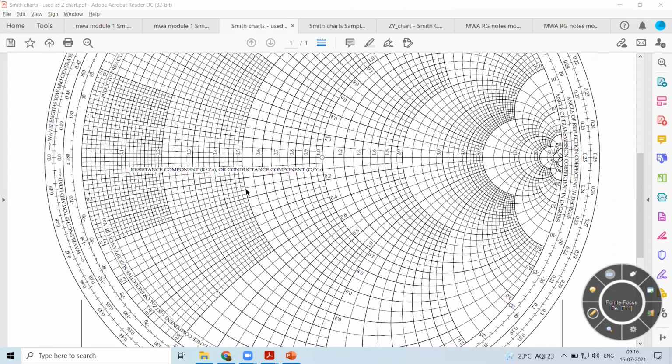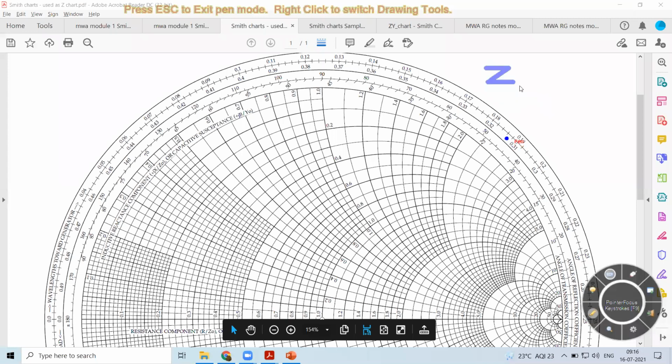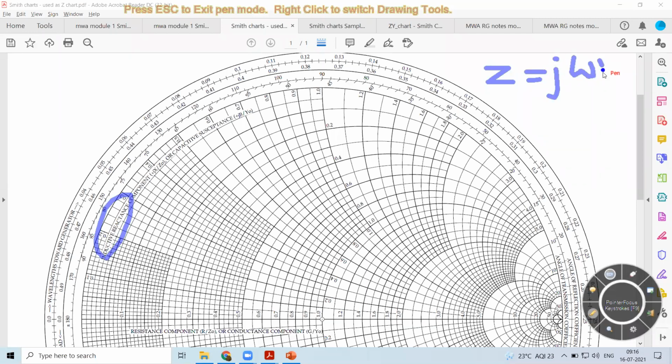When you're considering Z, that is impedance, and you consider the inductance part, since this is a Z chart, we write it as j omega L. The omega L parameter will be positive here, so inductance will be positive. Those values are plus jX divided by Z naught, which is what is specified over here.